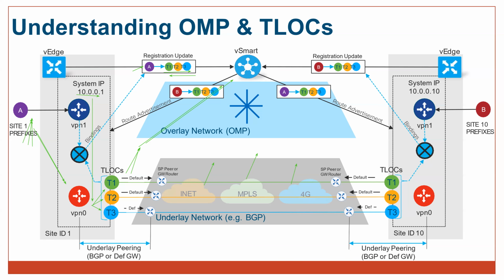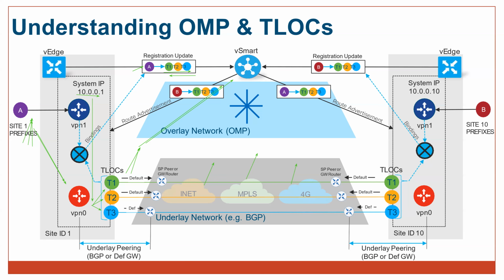Now, how will that prefix from the transport VPN, VPN 0, reach the other side? That is where OMP comes into the picture. OMP takes the help of the next hop attribute, which is nothing but the TLOC, transport locator.